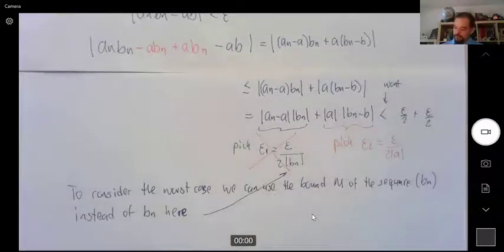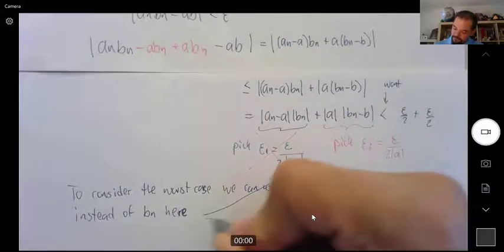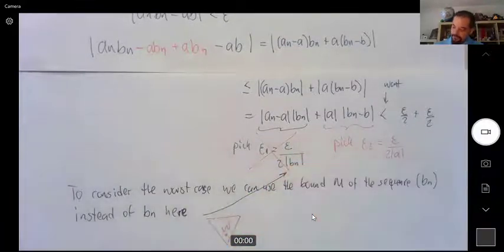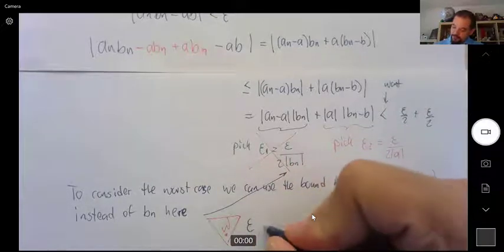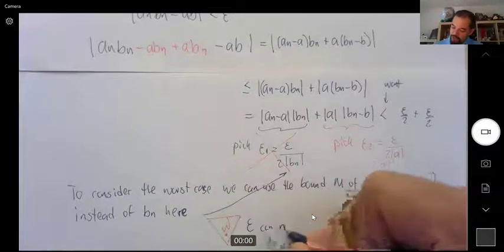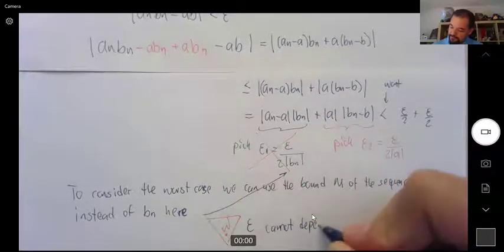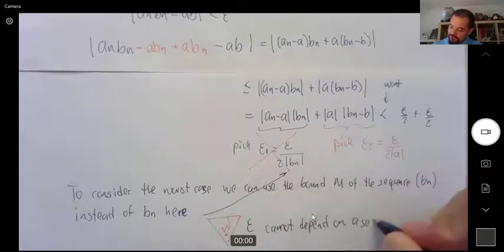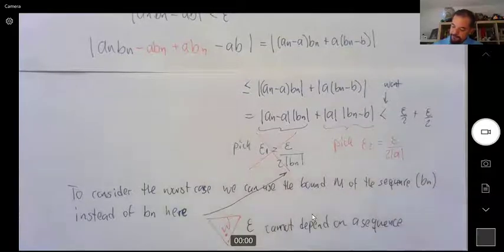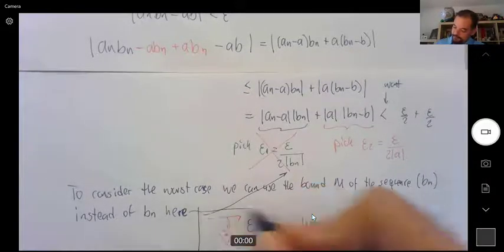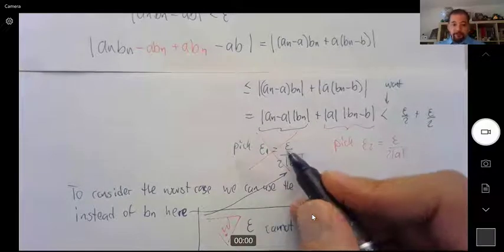In fact, let me write it here, like a warning type thing. Your epsilon cannot depend on a sequence, right? Very important. So don't choose it like this because it's wrong.